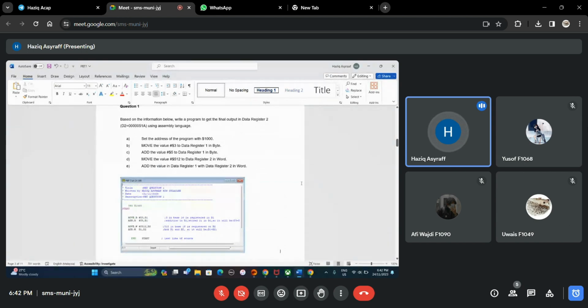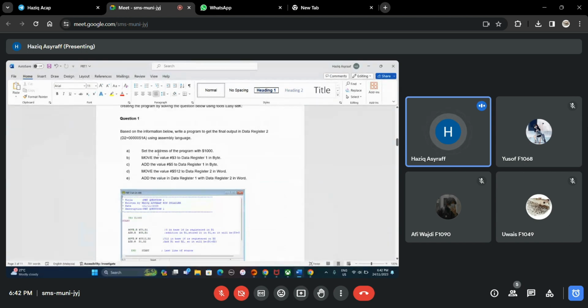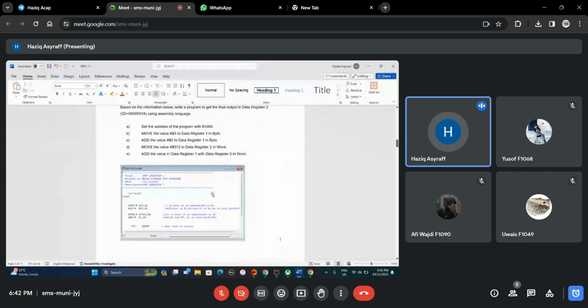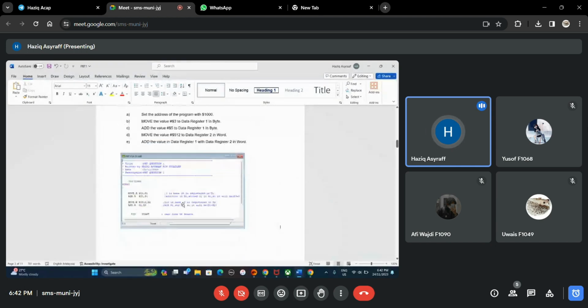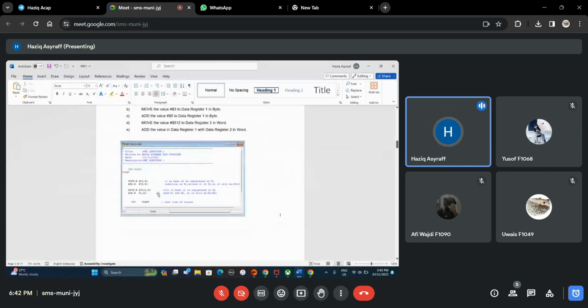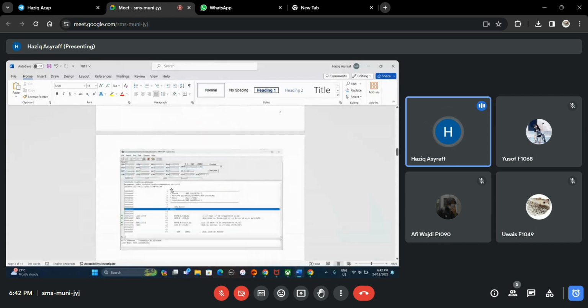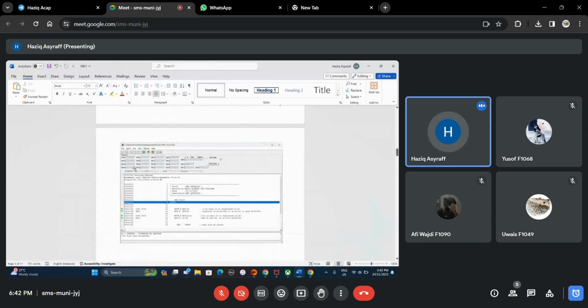Based on the information given by question 1, we wrote the code in Easy68K assembly language. We set data register number 1 and add 5 into data register number 1, and so on. And then we got the output.